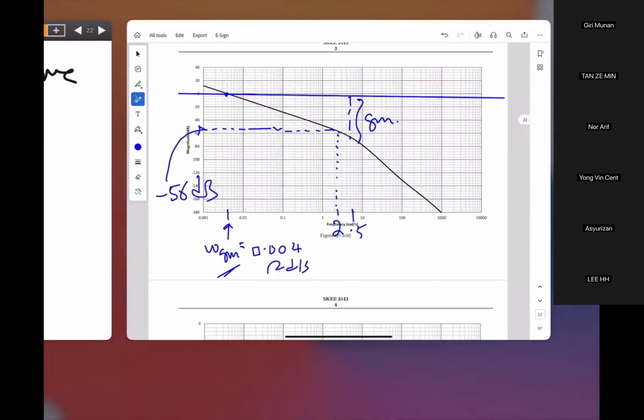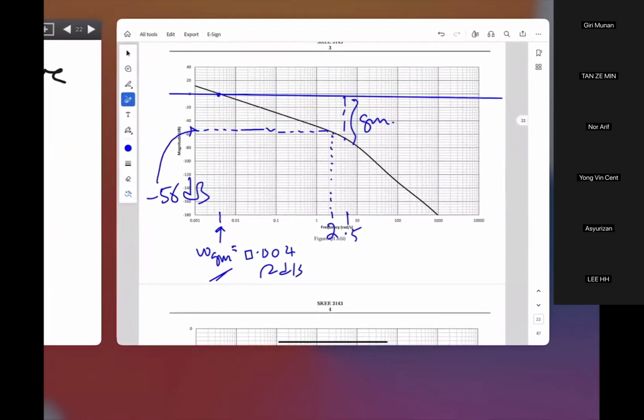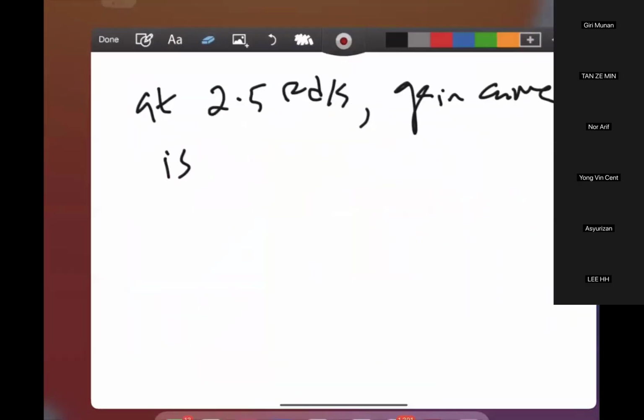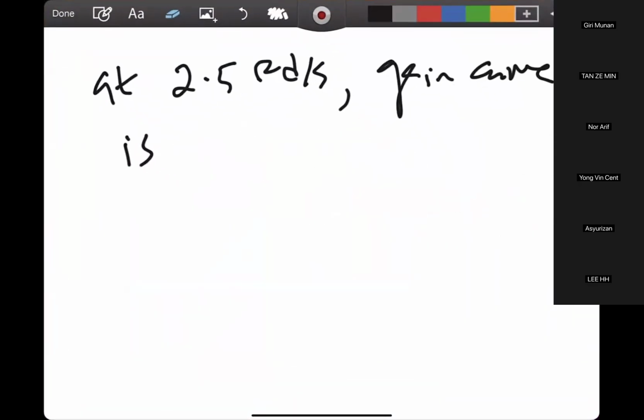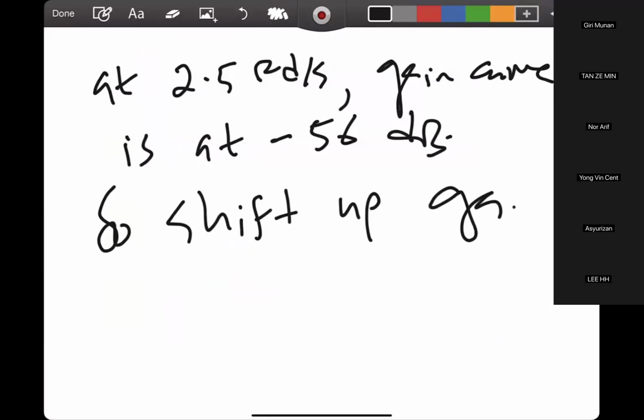Satu kotak 20 decibel divide by 5. Okay. Is at minus 56 decibel. Okay. So, shift up gain curve plus 56 decibel.